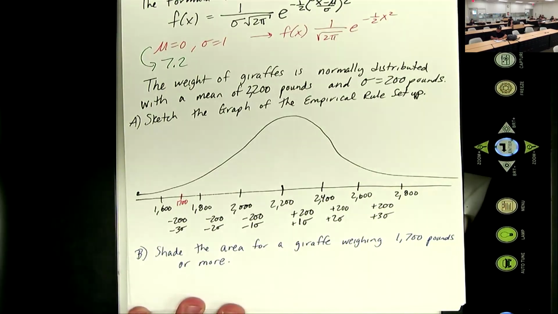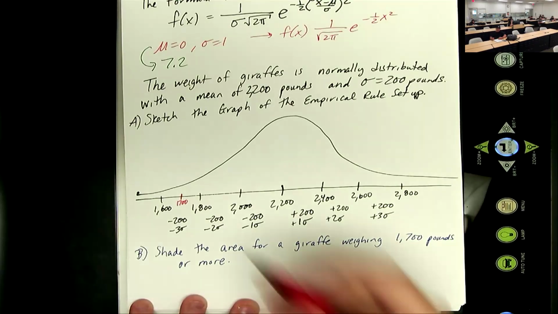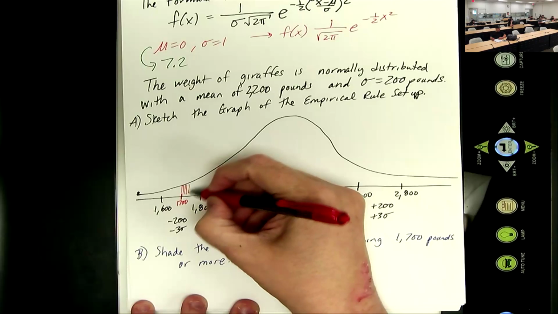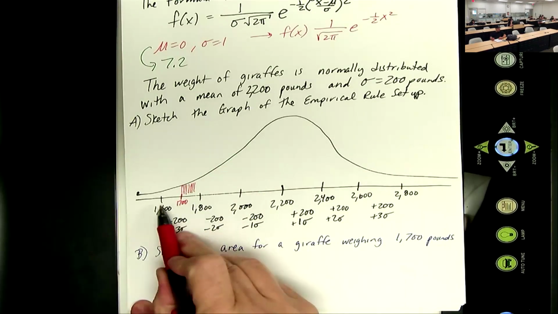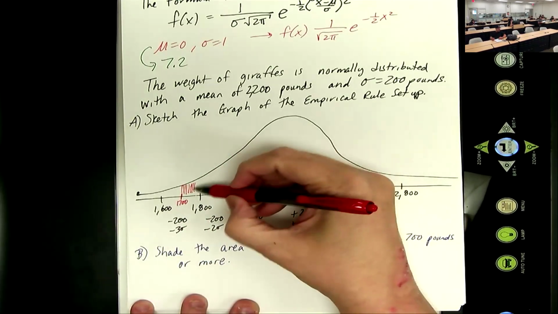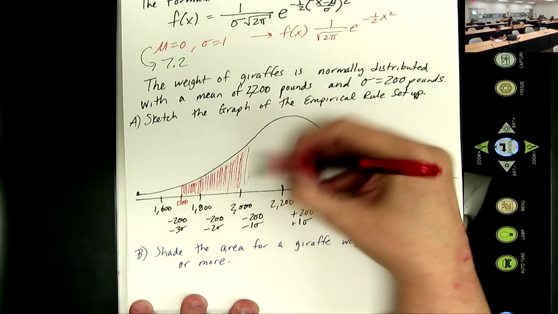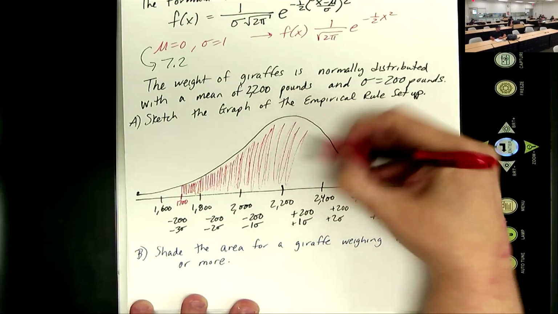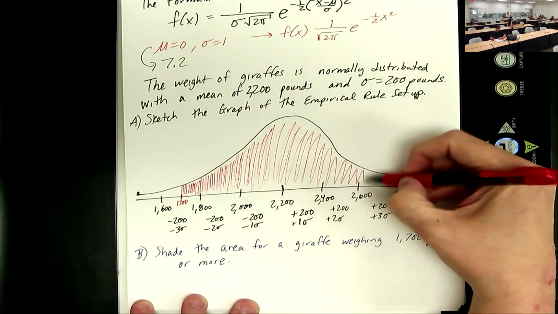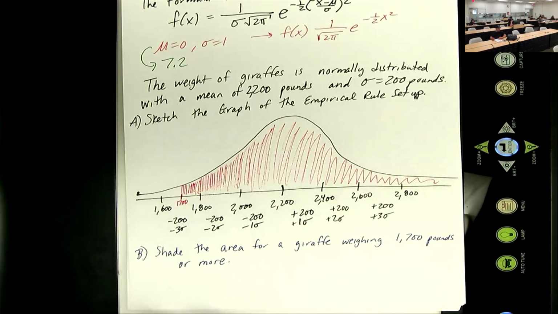Alright, now it says weighing 1,700 pounds or more. Where should I shade? To the right. The way you said it initially was shading between 1,600 and 1,800, so I wanna make sure that's not what you meant. And maybe I shouldn't have done that, because now I'm shading a lot. What does the shaded area represent?